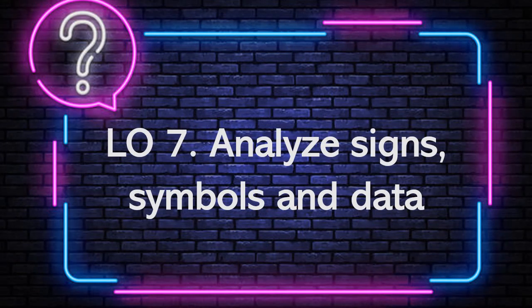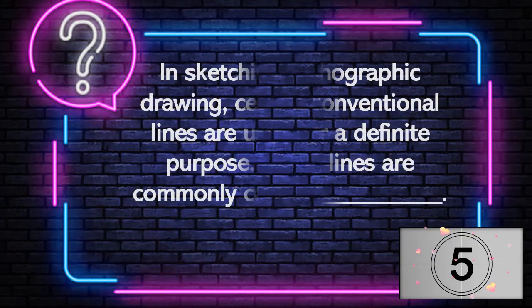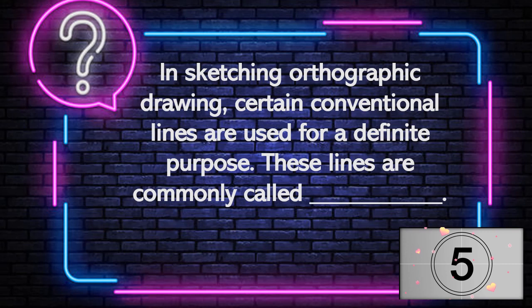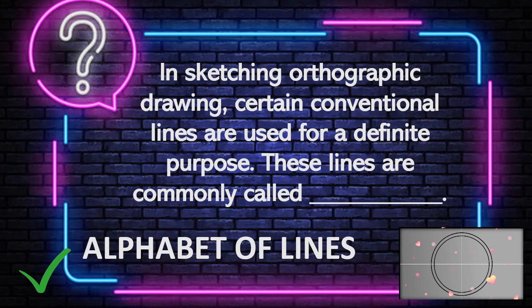Learning outcome number 7. Analyze signs, symbols, and data. In sketching orthographic drawing, certain conventional lines are used for a definite purpose. These lines are commonly called... Very good.